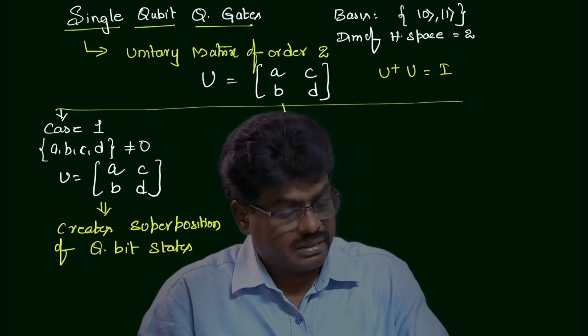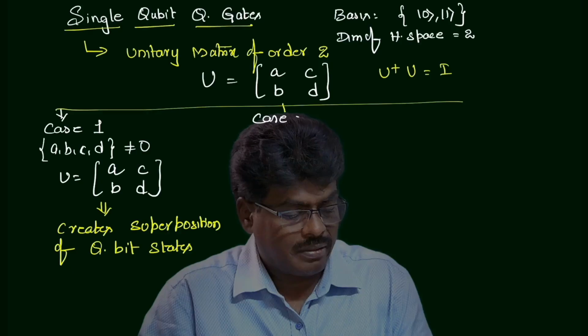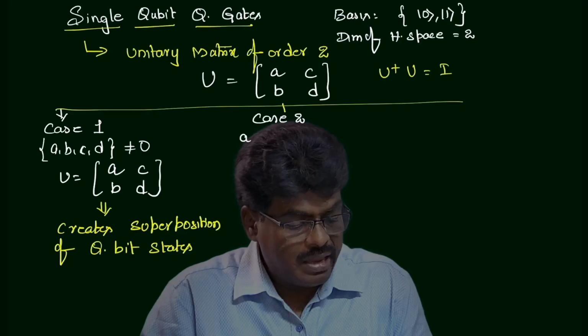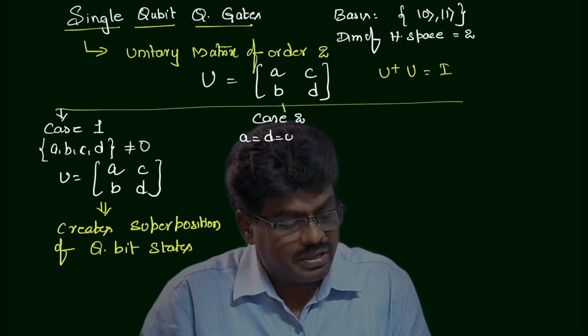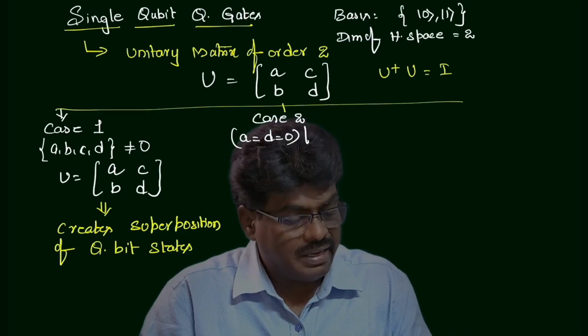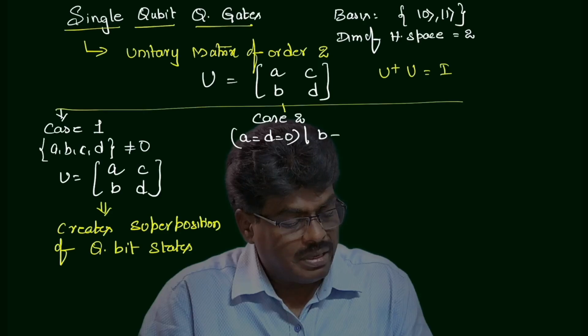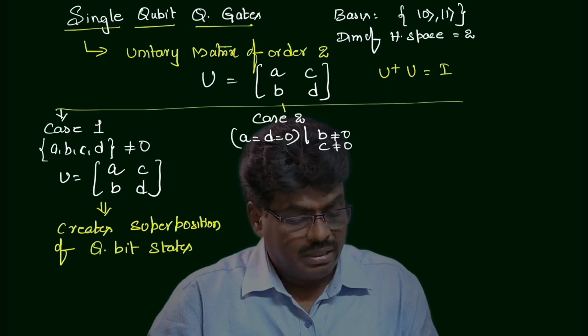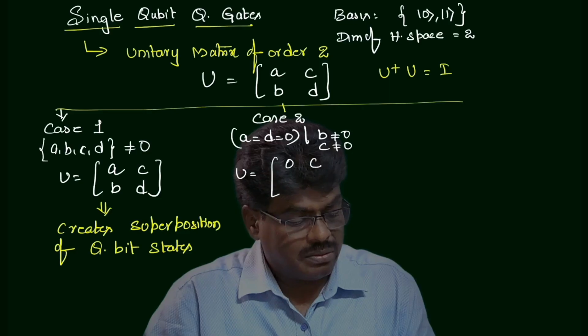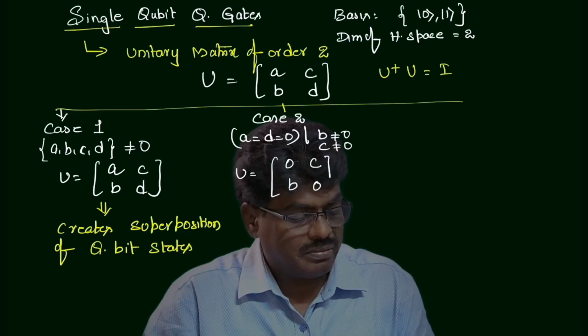And the second case, we have, let us suppose A equals 0 and D is also equal to 0. That means the diagonal elements are 0, but the off-diagonal elements are not equal to 0. B is not equal to 0 as well as C is not equal to 0. Then the unitary matrix we can write as 0 C and here B 0.